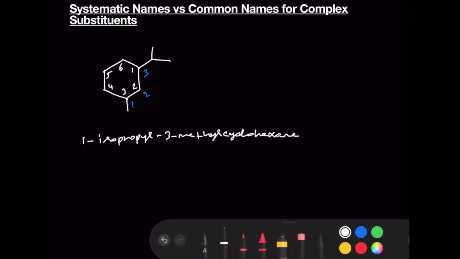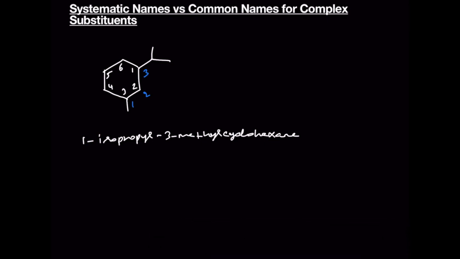But now let us do the naming using the systematic name for the complex substituent. So, let us redraw the structure. Now, how to do the naming? Keep in mind that while using the systematic name, we have to alphabetize everything that comes in the parenthesis.